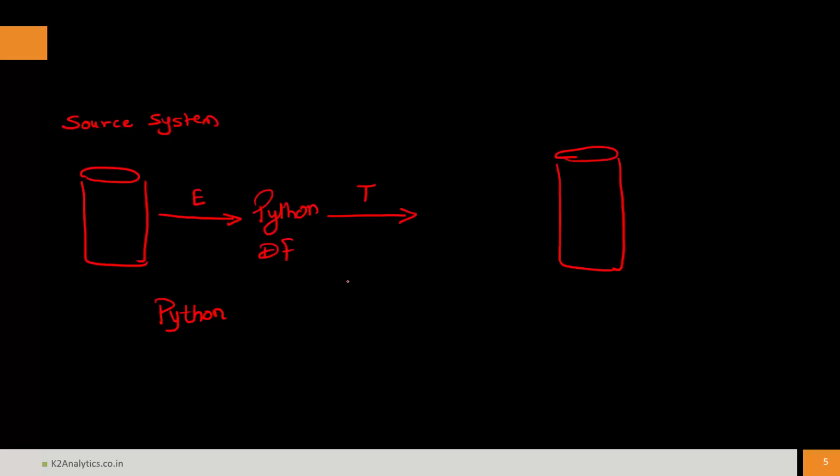So the code is now doing transformation in the Python environment, and you get a transformed data frame, where the data is still in the Python environment. You can then push the transformed data to a table in your data warehouse. That is load.